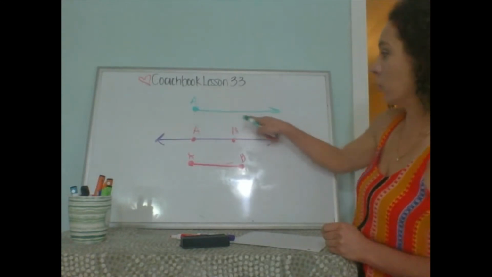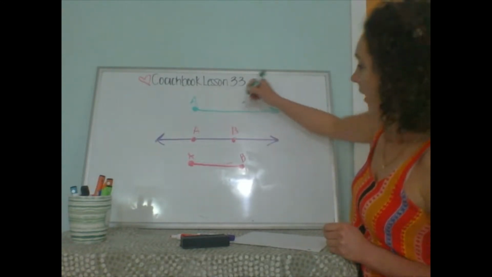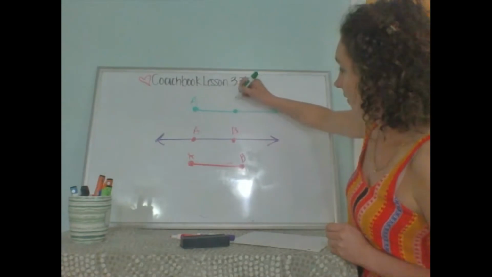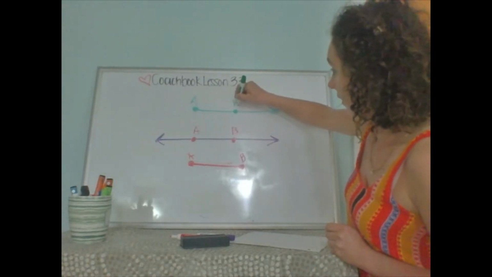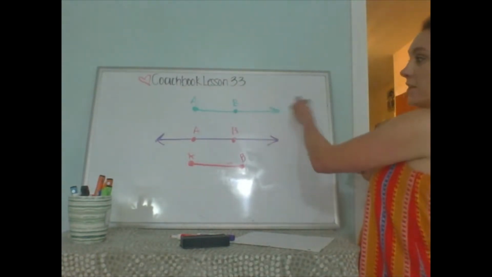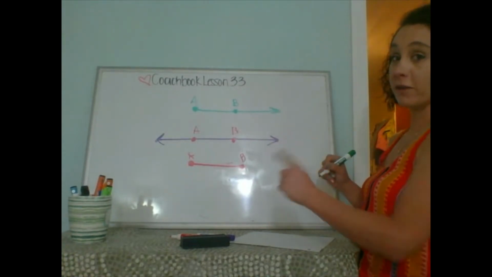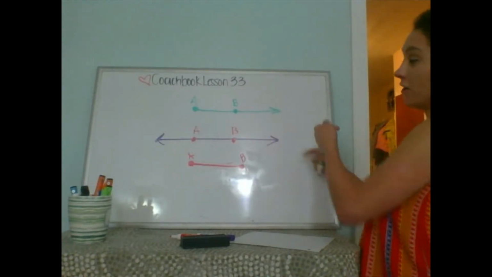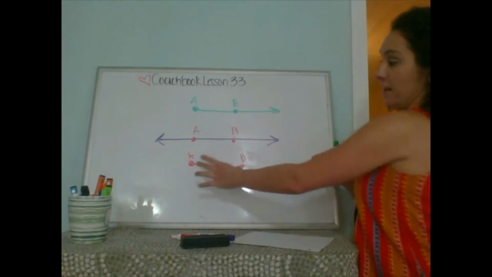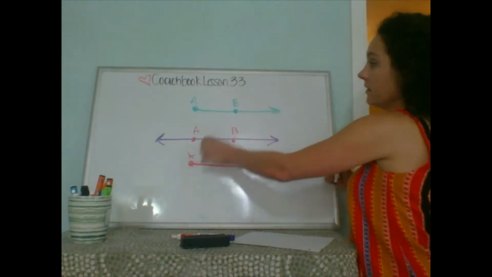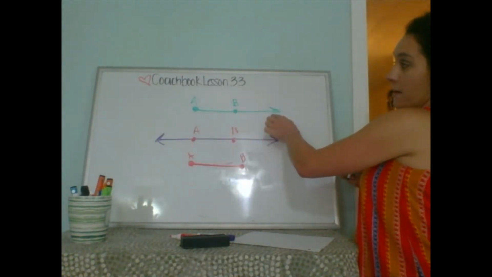That's why it's a ray. But on this ray, there are still all of these points. There's an endless amount of points going on this way, but it only goes on forever in one direction. So we have a line segment, which is a piece of a line, or we could have a ray.